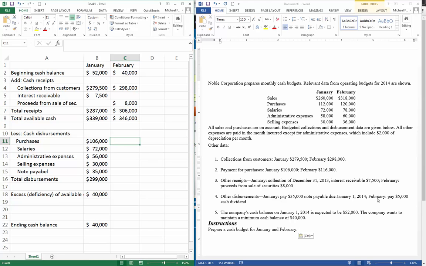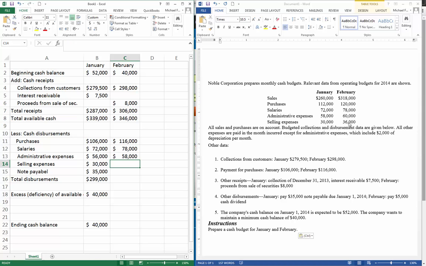Our purchases tells us right here are $116,000. Our salaries are $78,000. Our administrative expenses were $60,000. We're going to subtract $2,000 out for the monthly depreciation expense. So even though we had $60,000 in total administrative expenses, we only paid out $58,000 in cash.